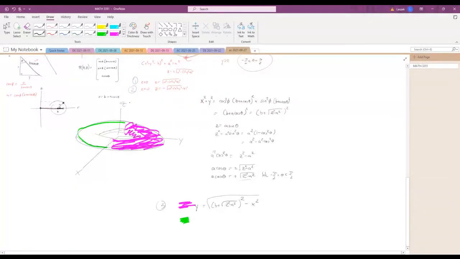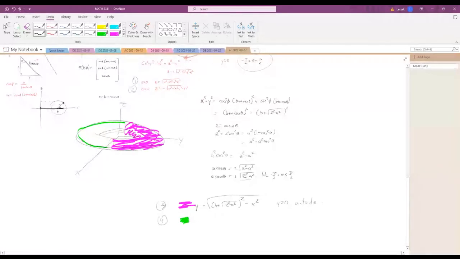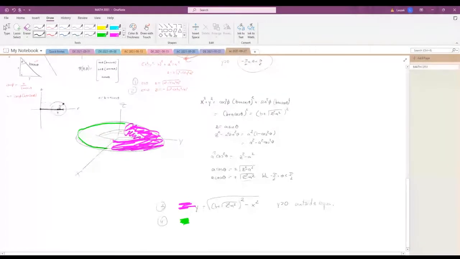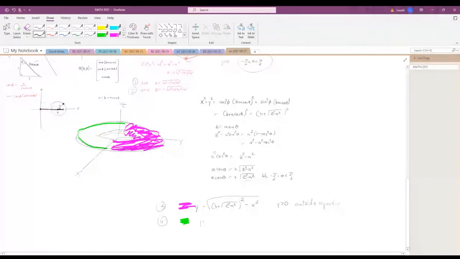But then there's the inside equator. So what would theta be for the inside equator? It would be anywhere from pi half to 3 pi half. Yeah. So this is the outside equator. This is y is negative.